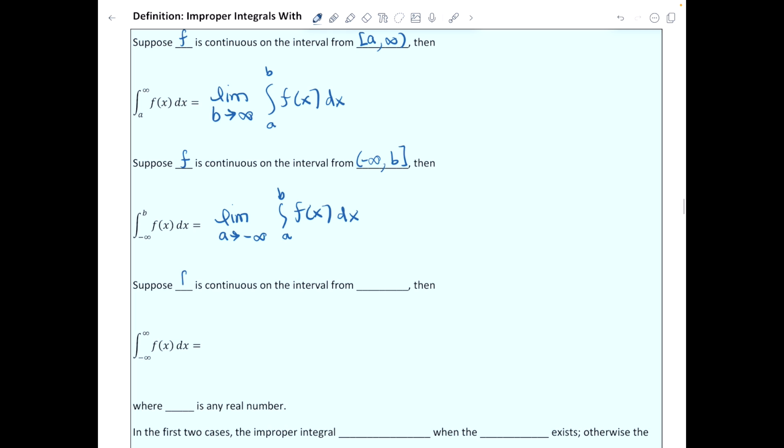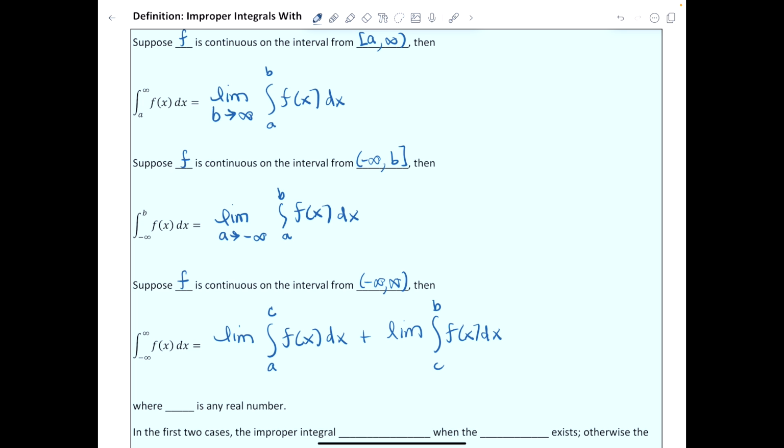Now, suppose f is continuous on the interval from minus infinity to infinity. Then we just break it up. So we would say that this will be equivalent to the limit, and a lot of times I'll put the limit in after, once I set it up. You can always break up a definite integral, right? Have another limit here, and this integral will go from c to b of f of x dx.